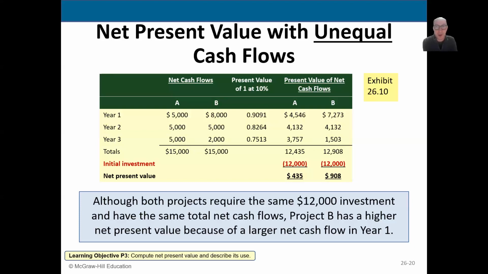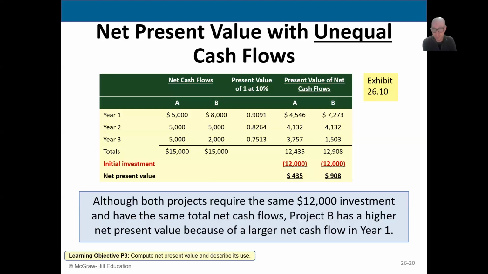We have an example where the net present value involves unequal cash flows. The initial investment is $15,000. We have years 1, 2, and 3, and options of project A and project B. We have the present value of 1 at 10%. We multiply the net cash flow times the present value of 1 at 10%, which is the interest rate. Find the present value of the net cash flows for each project at each year.